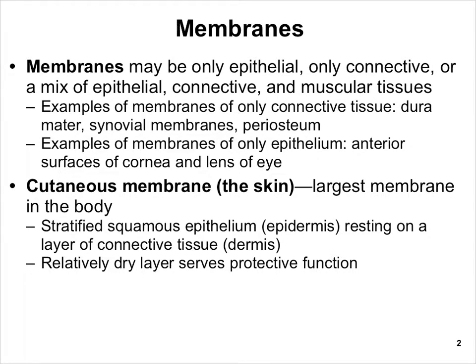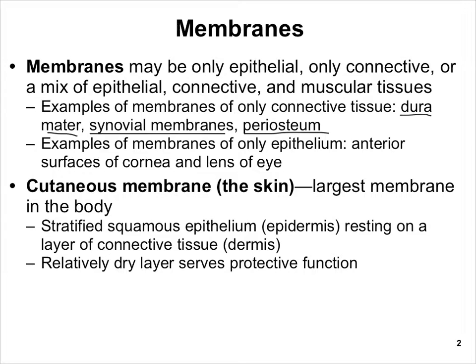So some membranes that are connective only would be the Dura Mater, the synovial membranes, the Periosteum. So the Dura Mater is a membrane that is found in your, basically your central nervous system. We'll talk about it more when we talk about nervous system stuff.